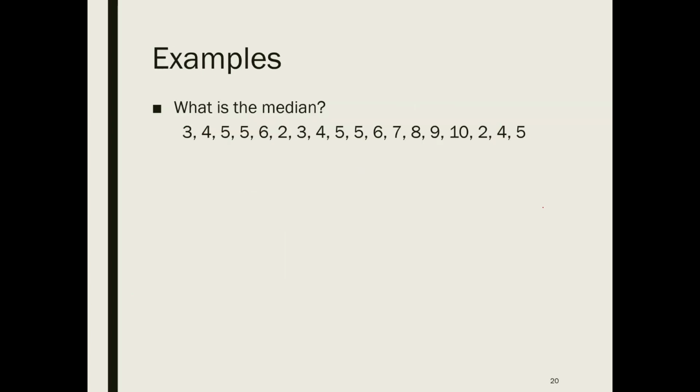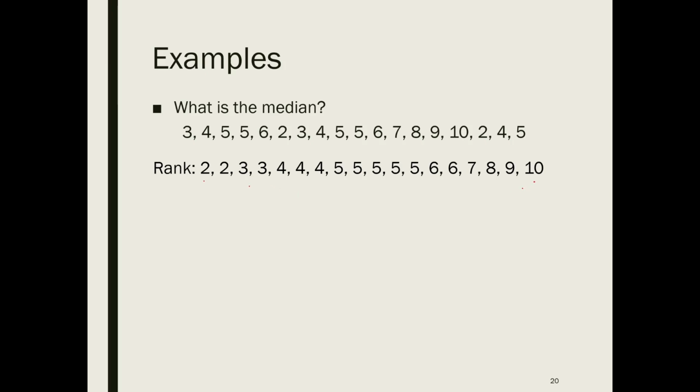Now, first of all, what is the median in this group? You can pause the video. In order to get the median for this group, first of all, like I said, we have to re-rank it, right? We have to rank it from the lower to the higher or from the high to the low. It depends on yourself. Then the second step is that we calculate the median position and see what's in the middle. 1, 2, 3, 4, 5, 6, 7, 8, 9, 10, 11, 12, 13, 14, 15, 16, 17, 18.